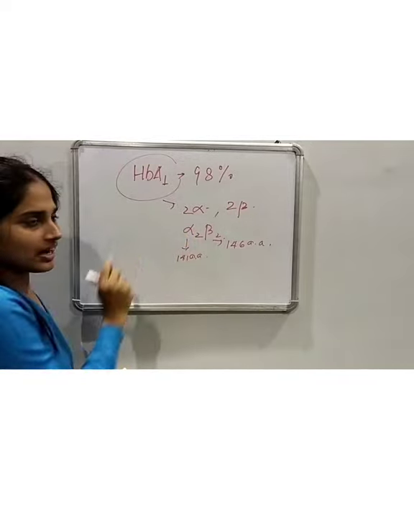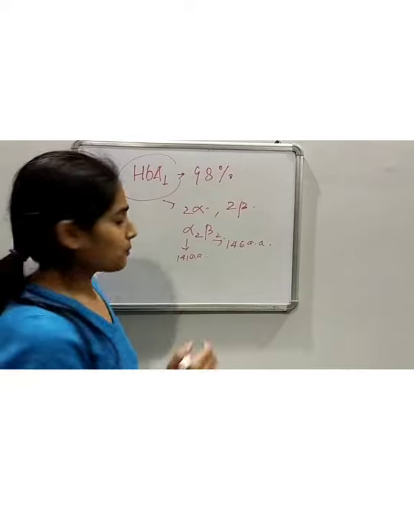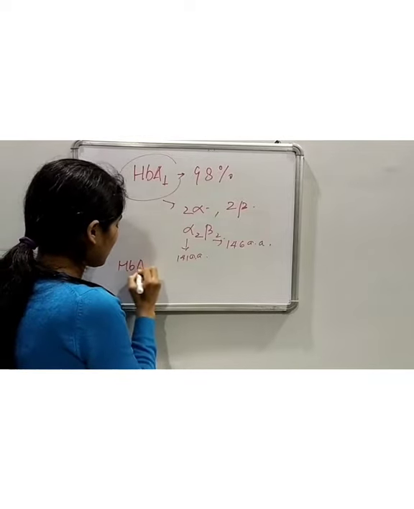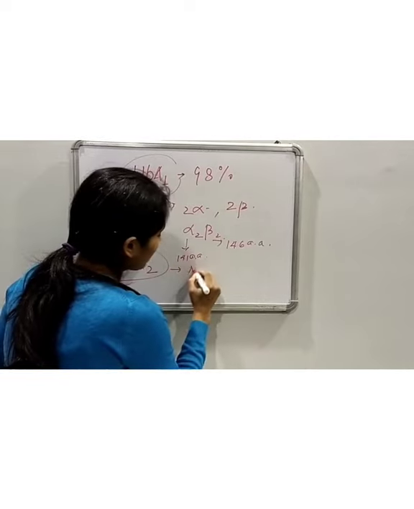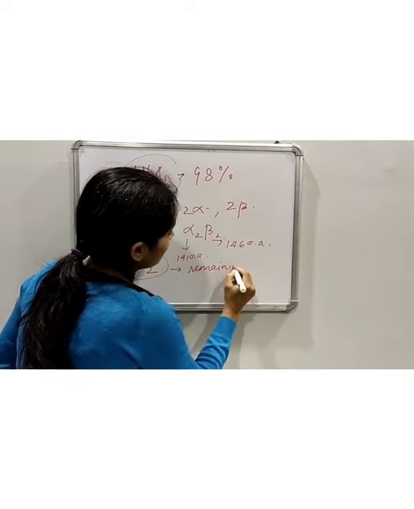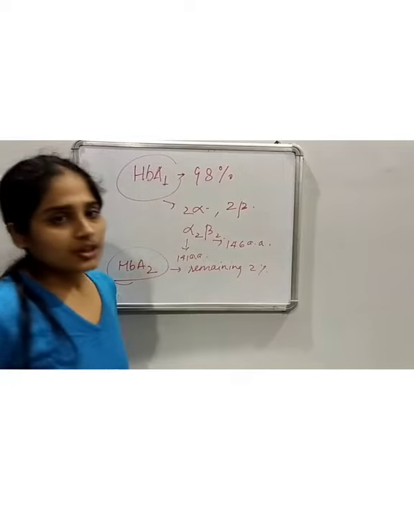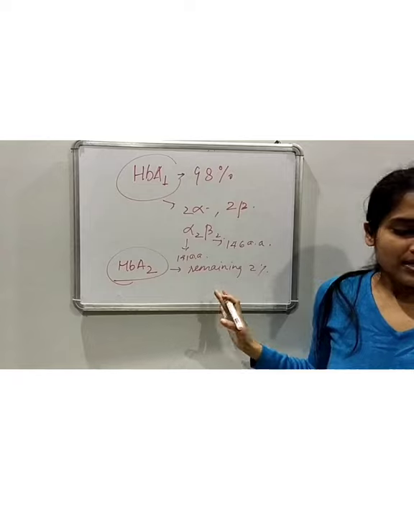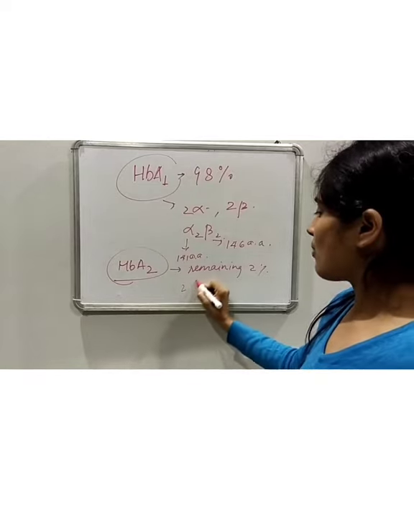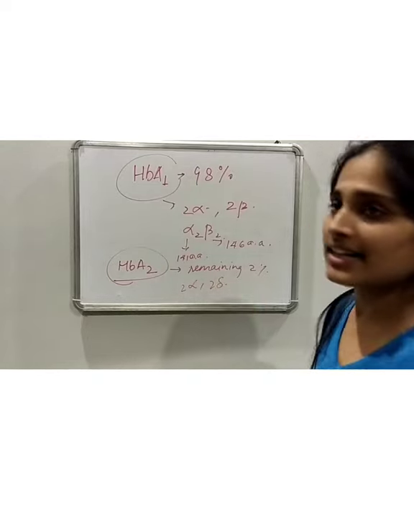The remaining 2% is HbA2 type, which accounts for the remaining 2% of adult hemoglobin, and it contains 2 alpha chains and 2 delta chains.